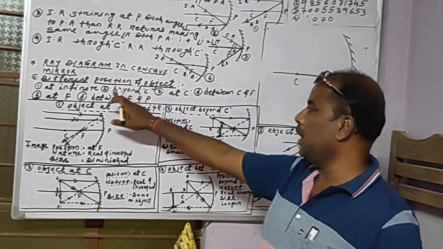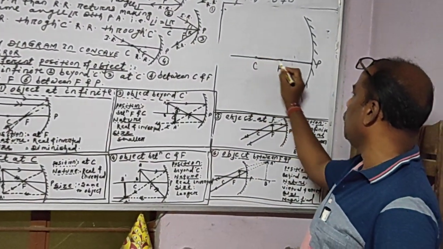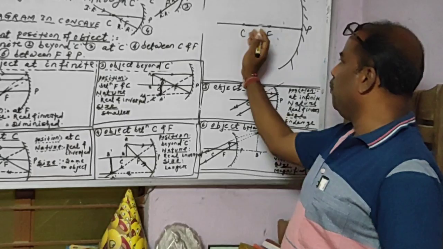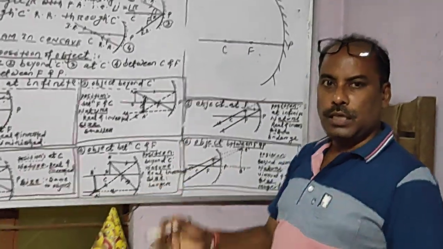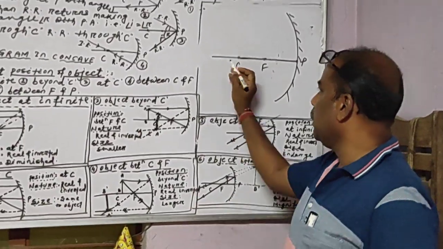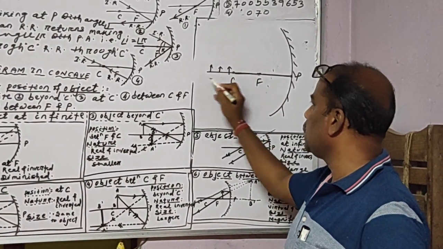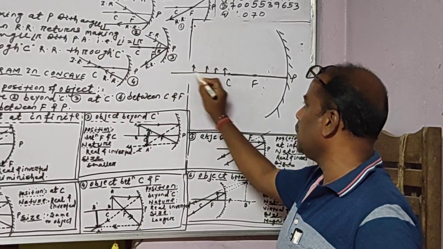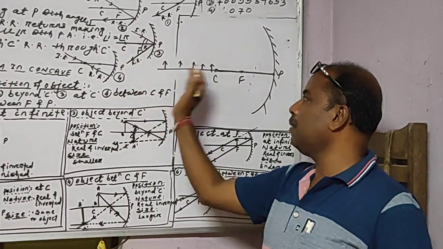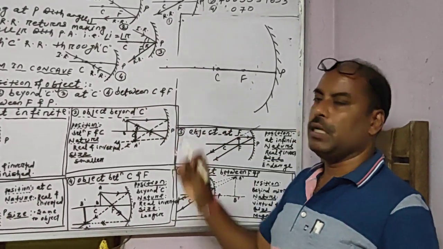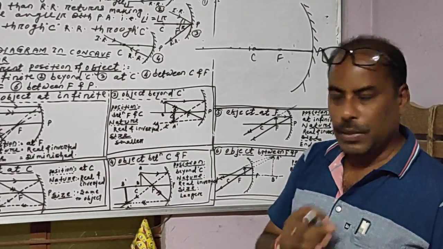The second position is beyond C. C is the point on the principal axis, and the back side of C, the left side of C, is called beyond C. Anywhere behind C on the principal axis is beyond C. There we can put the object to get the image.